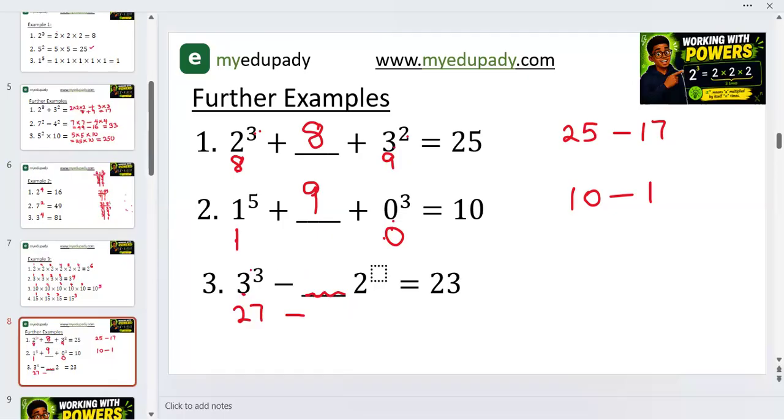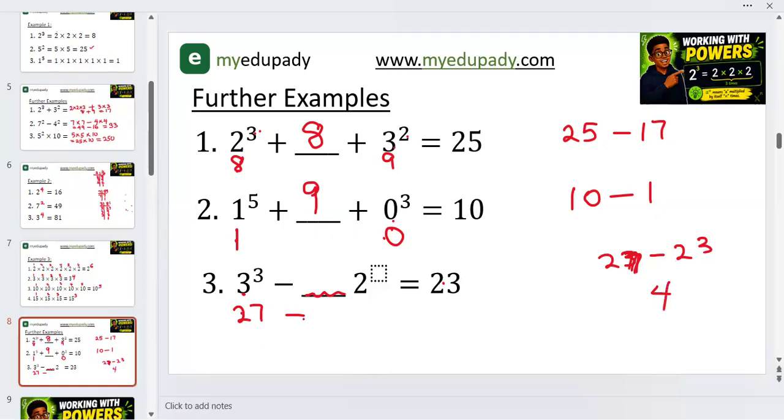So this is what we are going to do. So you come here and you subtract the 23 from 27. So we are going to do 27, sorry, minus 23. So 27 minus 23 is going to give me what? 4.